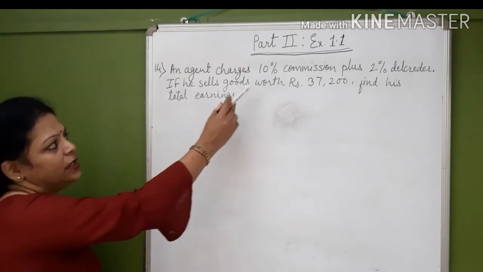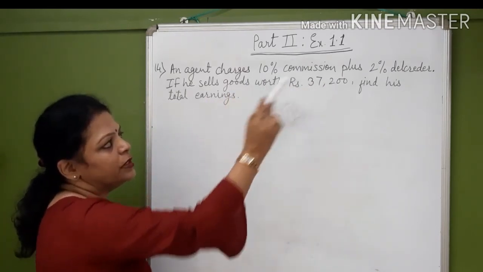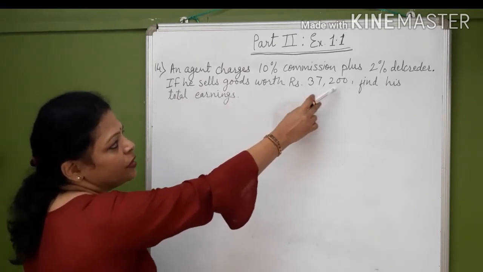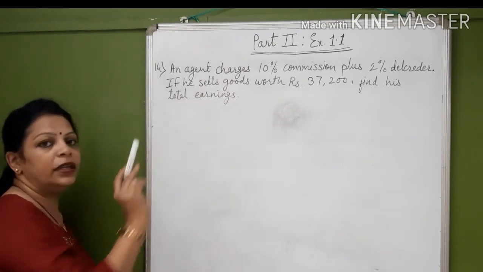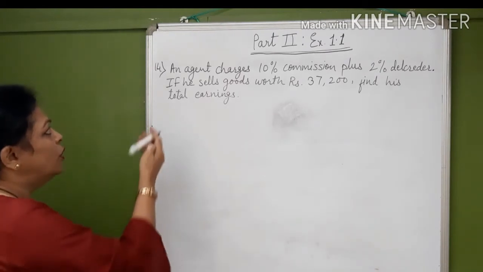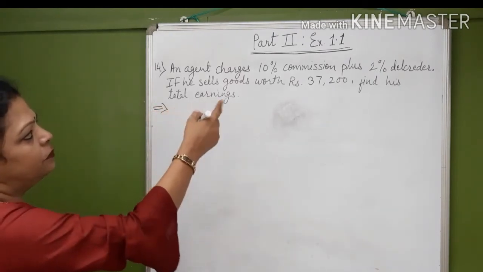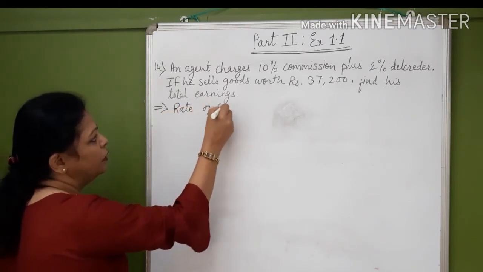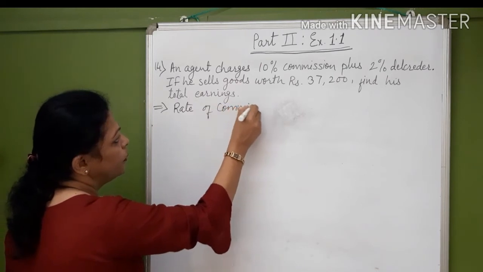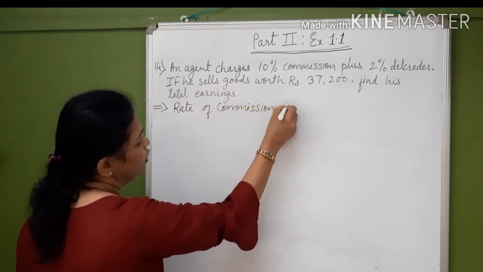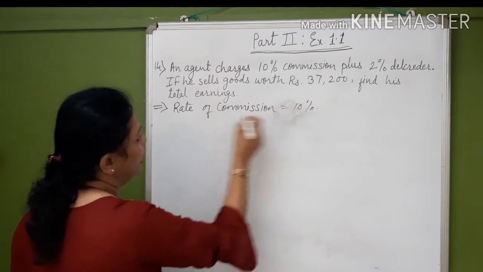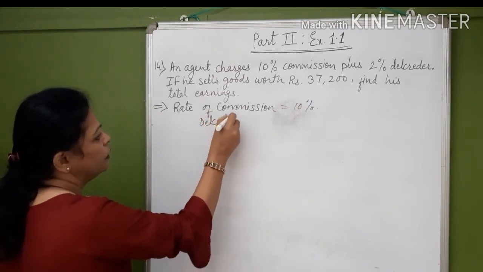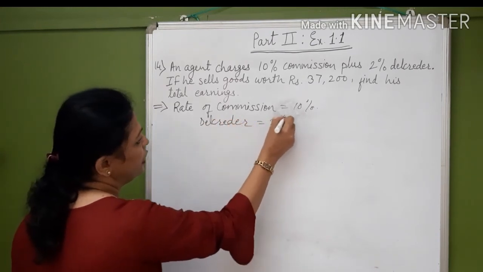See, an agent charges 10% commission plus 2% del credere rate. If he sells goods worth rupees 37,200, find his total earnings. See, it's a very simple sum. Over here, the commission is 10%. So rate of commission is equal to 10% and del credere is 2%.